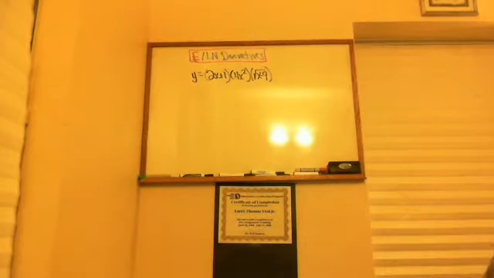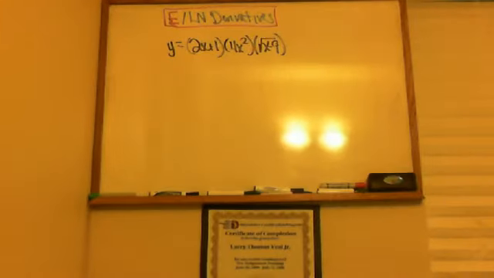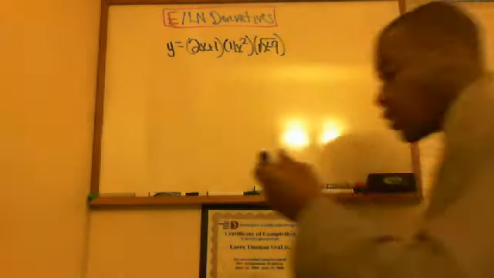Now, the first thing we're going to do, and I'll go ahead and zoom in a little bit so you can see what I'm doing with the problem, is take the natural log of not one, but of both sides. So I'm going to set it up like this.